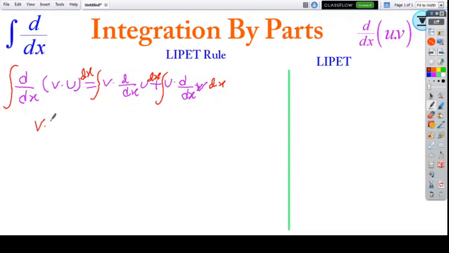So v multiplied by u is equal to the integral of v du, because integration of the derivative of u will produce u, plus the integral of u dv.